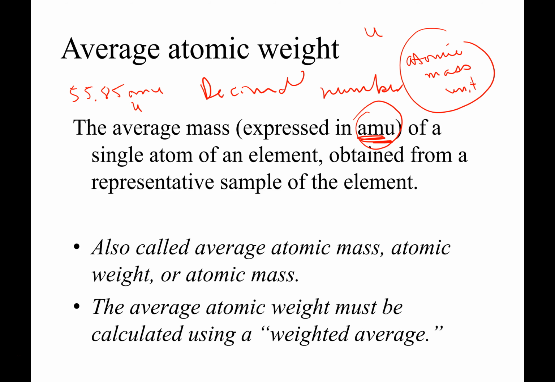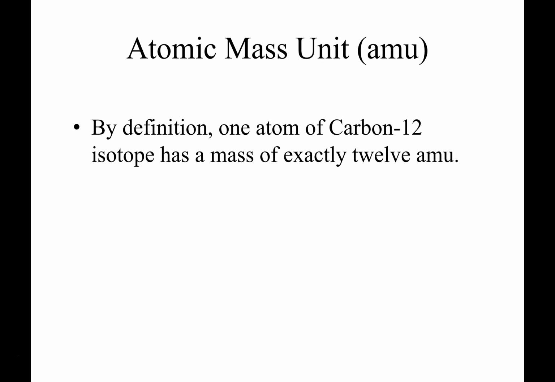Since we have different atoms of iron out there, about 7 different isotopic forms, we have to consider how much of each form there is. It's called a weighted average.